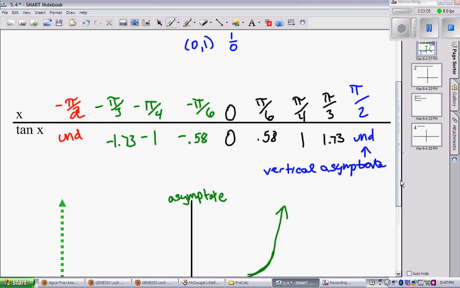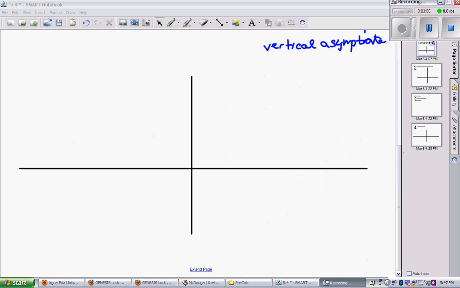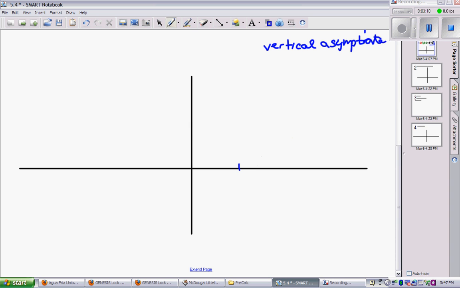So when we go to graph this, when we're graphing, we need to have pi over 2 as well as pi and the negatives. So we need to first draw in our asymptotes.